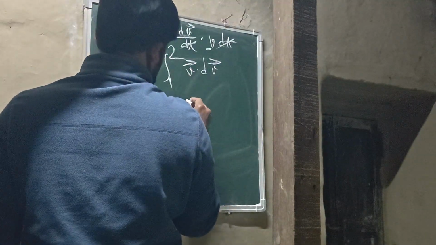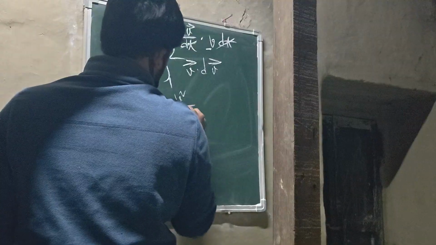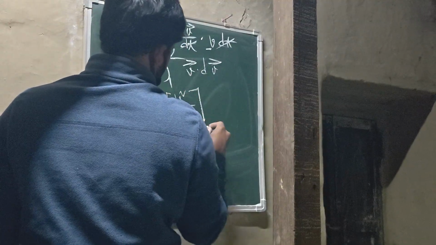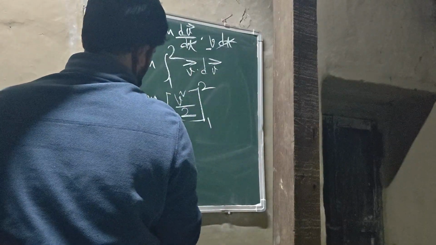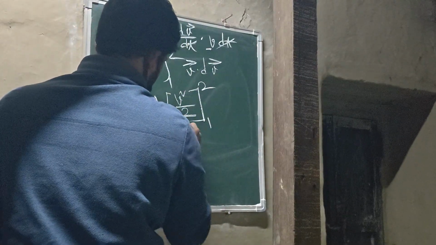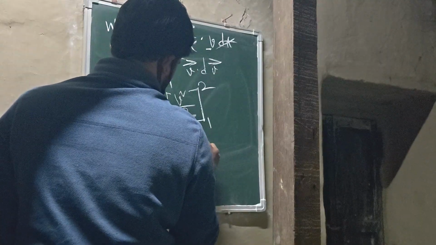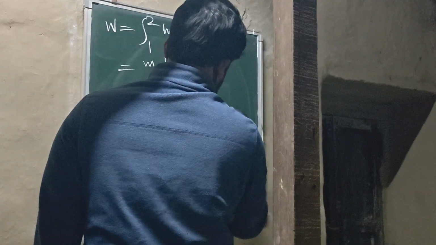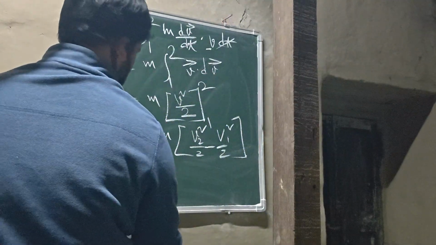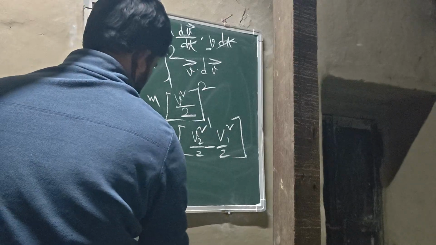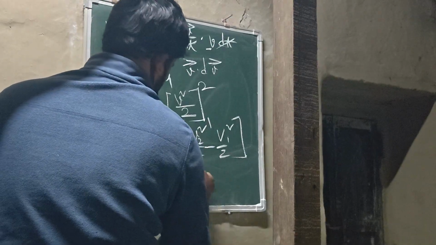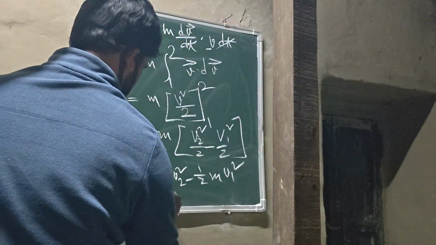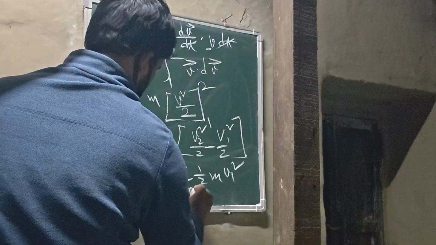That means v square by 2, if we integrate it, we get v square by 2 from 1 to 2, equal to upper limit minus lower limit, equals half m v2 square minus half m v1 square, equals T2 minus T1.